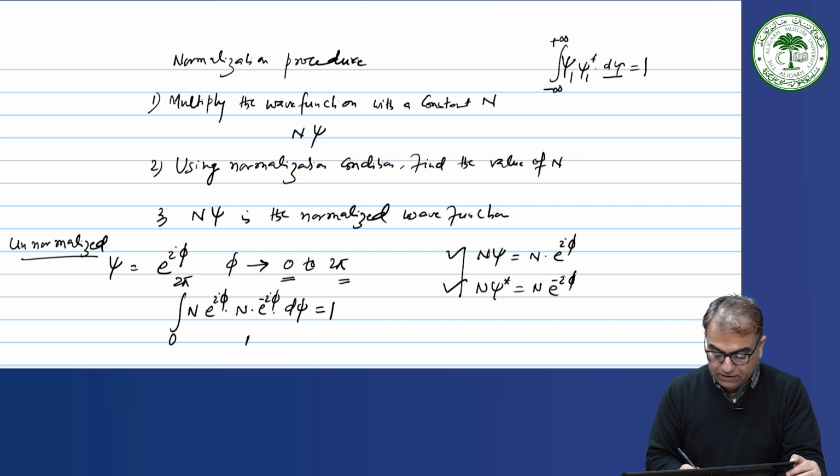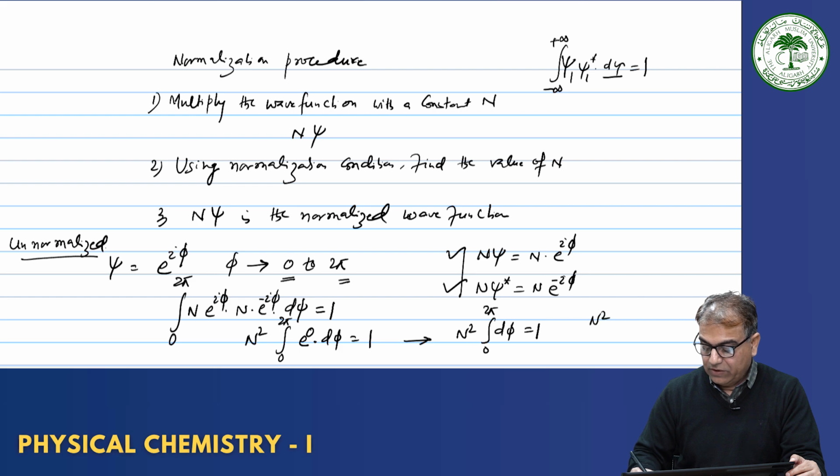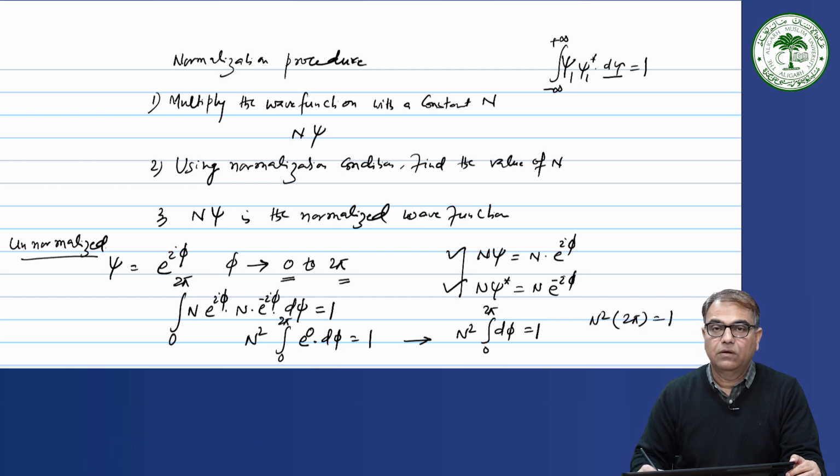So you can write n square from 0 to 2 pi, and then you have e to the power i phi plus minus i phi, so e to the power 0, into d phi is equal to 1. This will give you n square integral from 0 to 2 pi of d phi is equal to 1, and the integral will be 2 pi n square. So what is n? n is 1 over root 2 pi. So we have found the value of n by using the normalization condition.